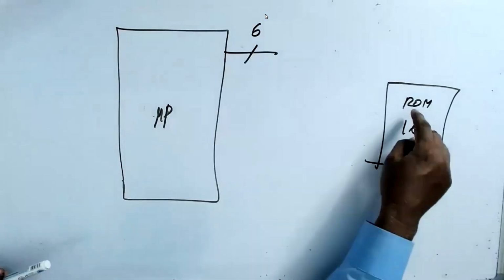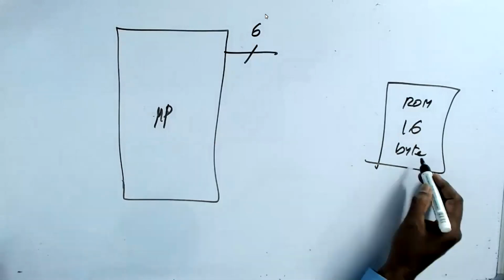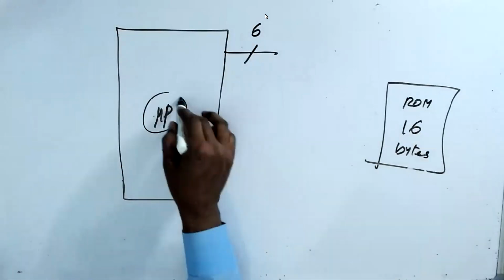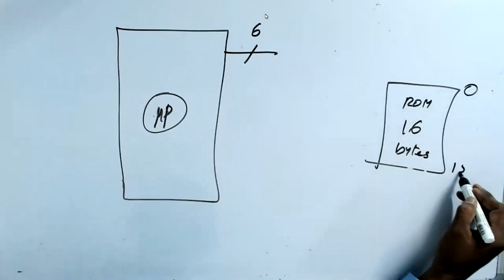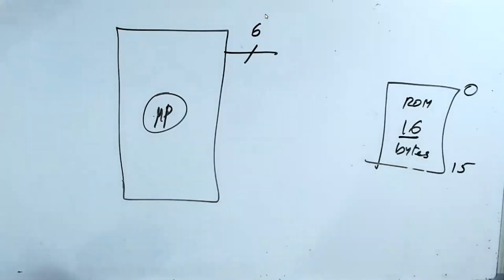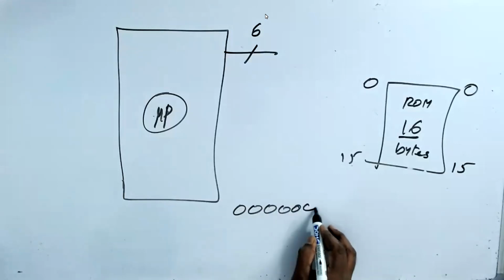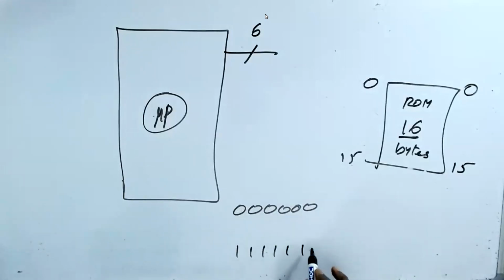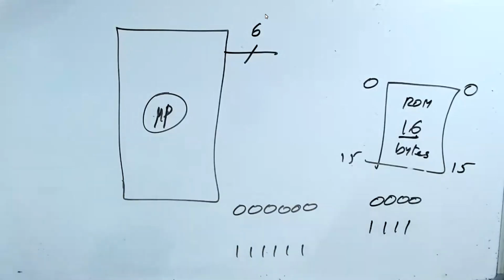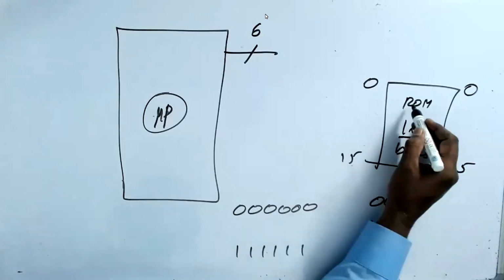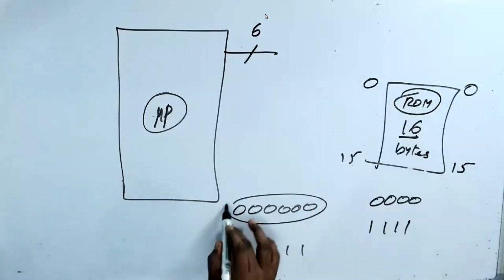I told you that the ROM is 16 bytes. Since I said ROM, it has to always start from 0, and go to 15 because it is only 16 bytes. Understand? This microprocessor gives the address from 0000 to 111111, but since I told you it is a ROM, the first addresses have to go to ROM.